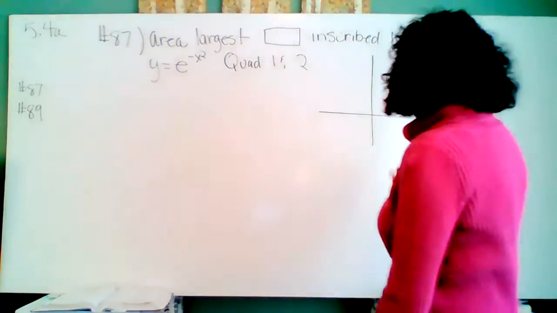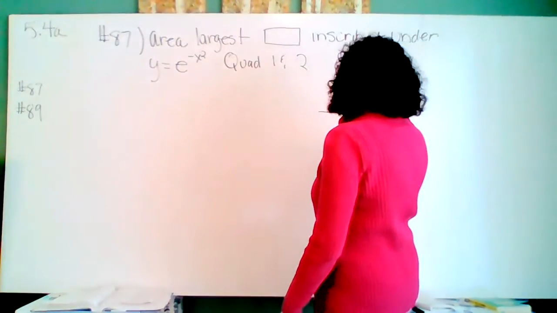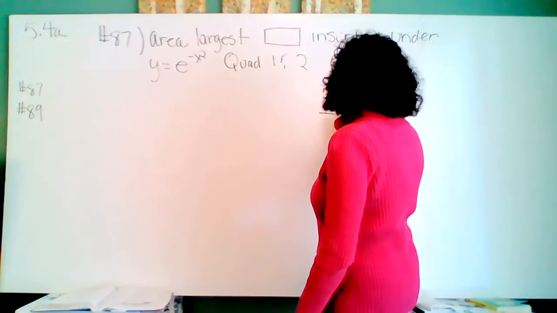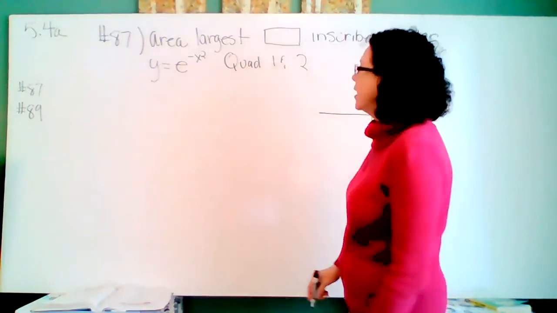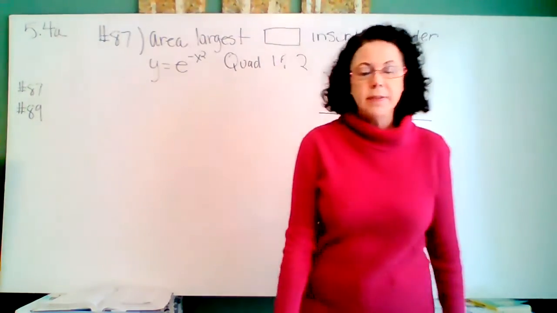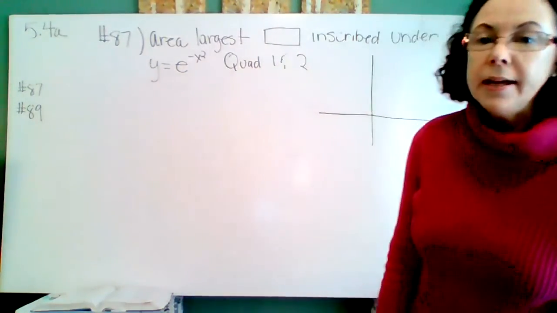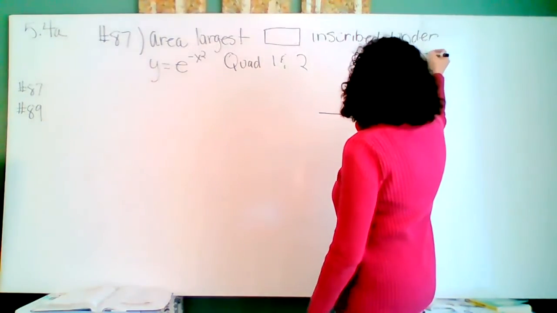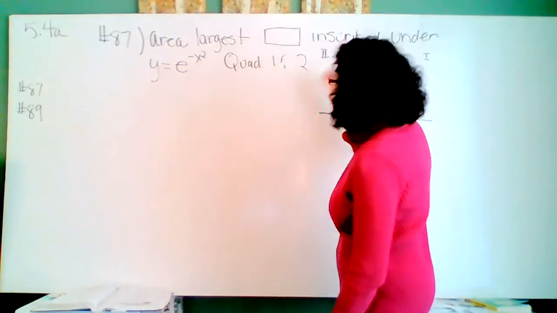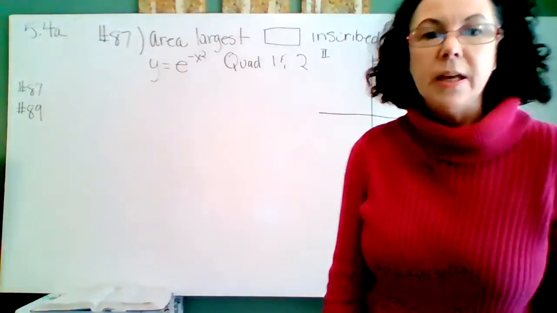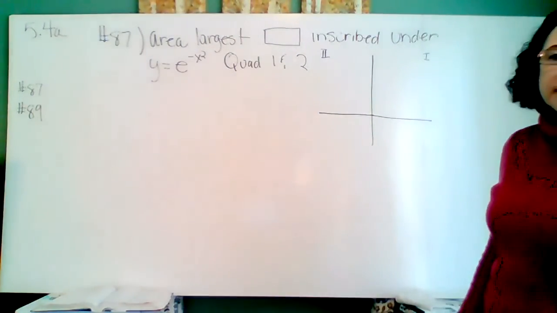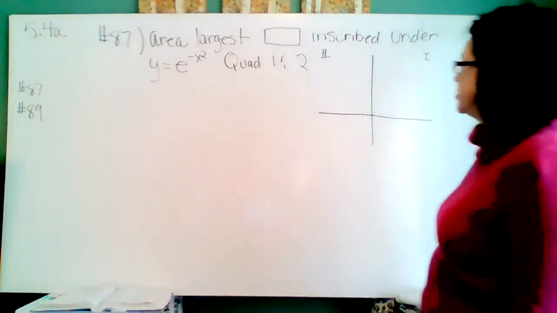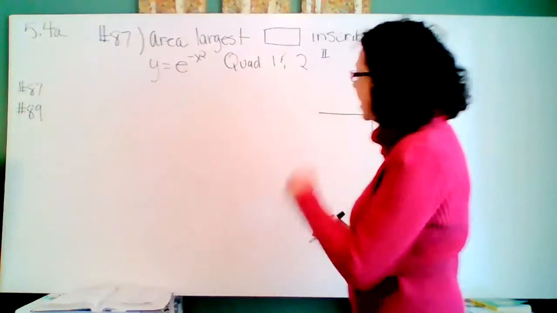But I am going to go ahead and help myself with the sketch of that. Now, without a doubt, e to the anything is positive. So that's why, in the first and second quadrant here, it's not surprising that they're asking for the area of the largest rectangle inscribed between that curve and the x-axis.